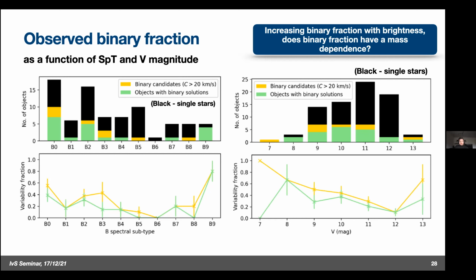That could explain the increase in radial velocity candidates. So these are both probably affected by biases, but there is a suggestion that if the binary fraction is increasing with brightness, there's potentially a mass dependence.